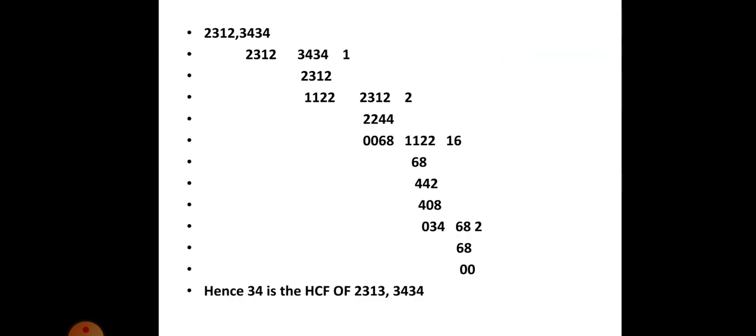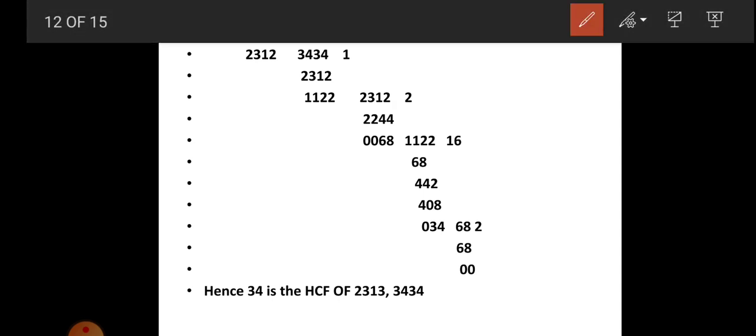Now next numbers: 2312 and 3434. So we divide first. So what is the answer? 1122. Now 1122 twos are 2244.